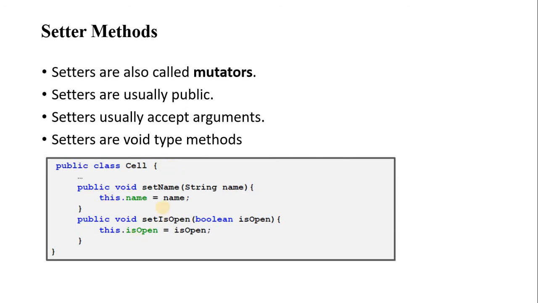Now we can see here there is setName, which sets the value for name. So name could be the private variable. For the variable we are setting, this.name might be the class-level private variable, and we are assigning the value that is passed in the argument. In such a way we can pass the value through the setter or the mutator.